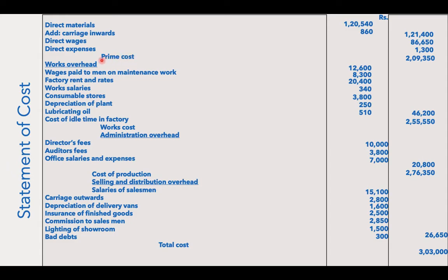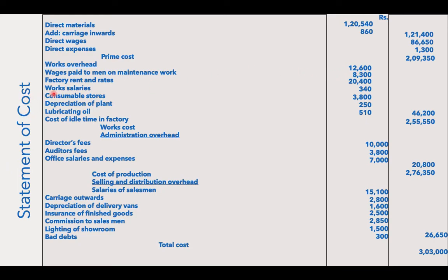And along with this prime cost, we have to add the works overheads. So works overheads from the problem, we have wages paid to men on maintenance work. As I've already said, if it comes for maintenance work, it will come under the factory overheads. It is 12,600. And then the next we have factory rent and rates, it's 8,300.